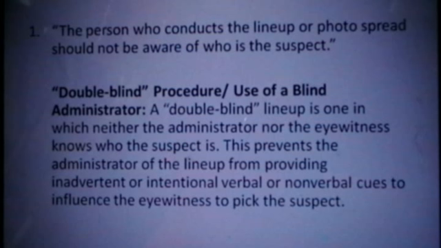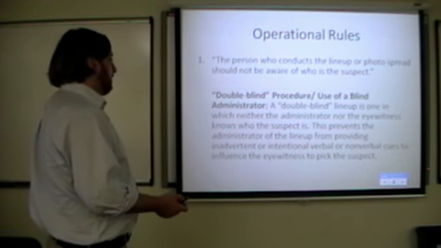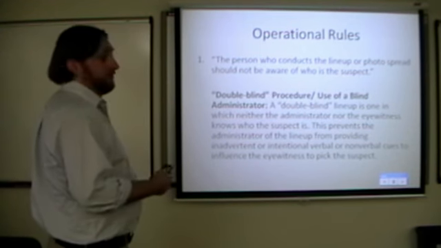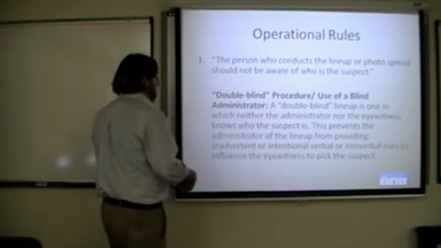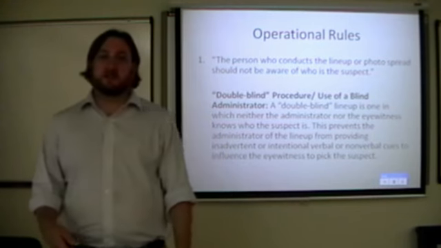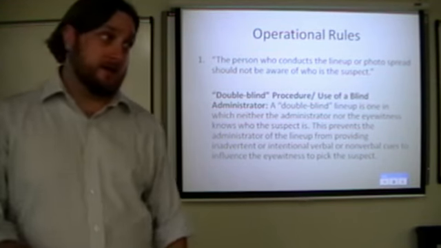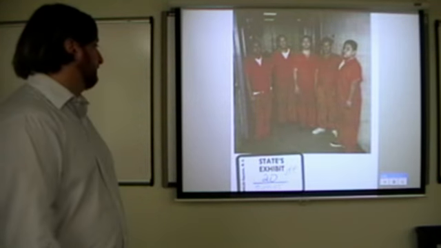The person who conducts the lineup or photo spread should not be aware of who the suspect is. That would help, and it would prevent the administrator of the lineup from inadvertently providing information regarding their knowledge of who the suspect is.